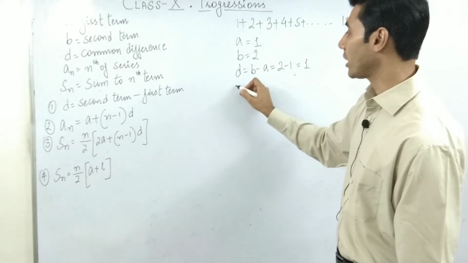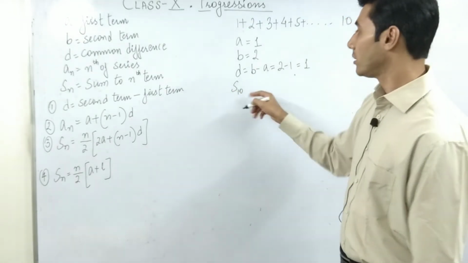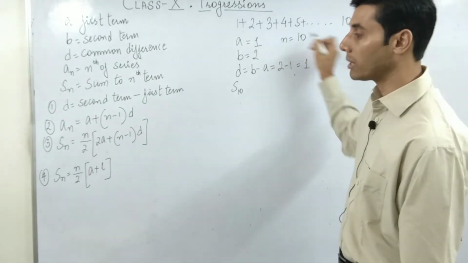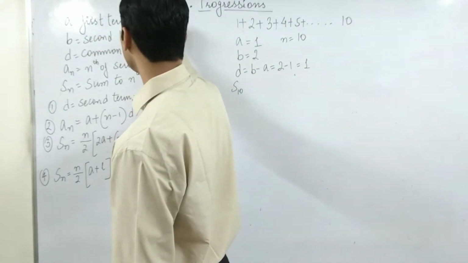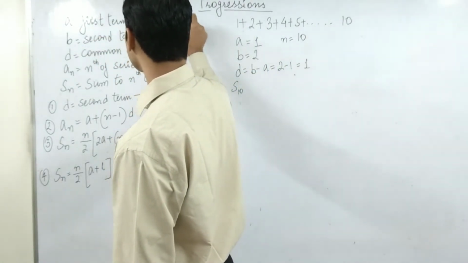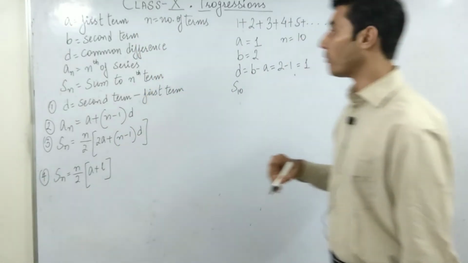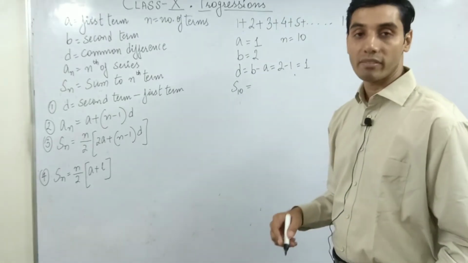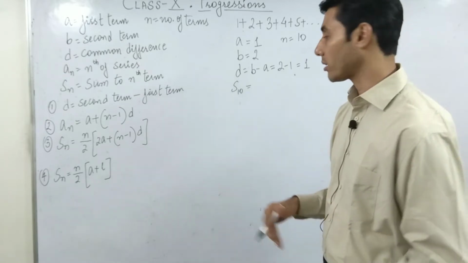Then comes guys, यहाँ पर आपके पास में आ जाएगा, मुझे S10 तक निकालना है. So what is N over here? N equals to 10. N का मतलब number of terms. So let's write somewhere over here. So N is equals to number of terms. Now so S10 का फॉर्मूला क्या हो जाएगा? अपन दोनों मेथड से सॉल्व करते हैं. Let's see whether the answer is right or wrong, so that I can also get corrected whether this formula is right or not.